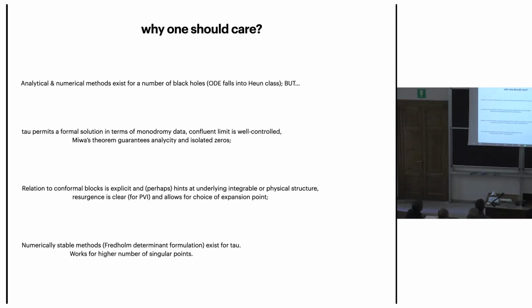You don't need to expand around t equals 0, and I gave you the expansion around t equals 0. You can use this action of the braid group to implement the expansion around t equals 1 or t equals infinity. And this is, from the numerical point of view, exactly the same that you have for hypergeometric functions. For the hypergeometric function, you have the expansion about 0, about 1, and about infinity, and you have a way to connect these 3 expansions.